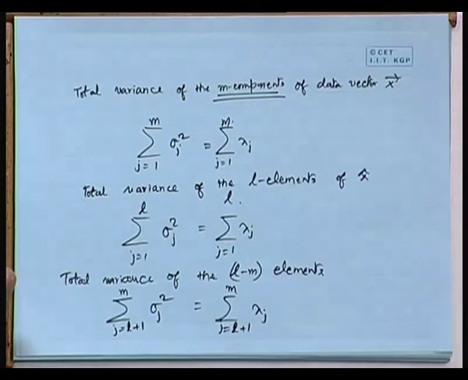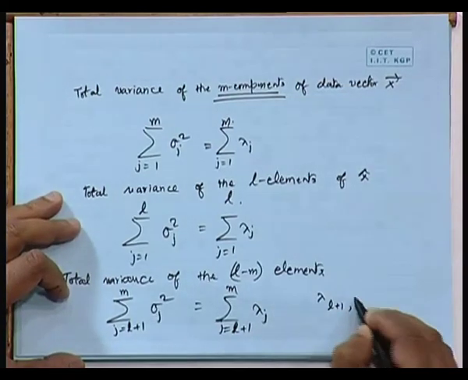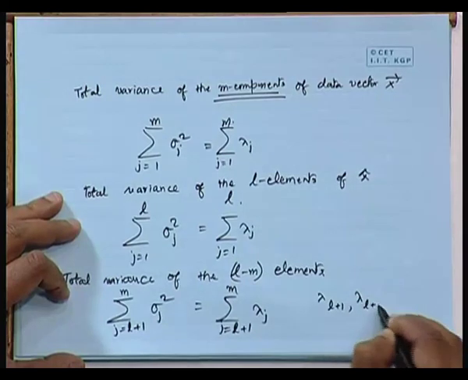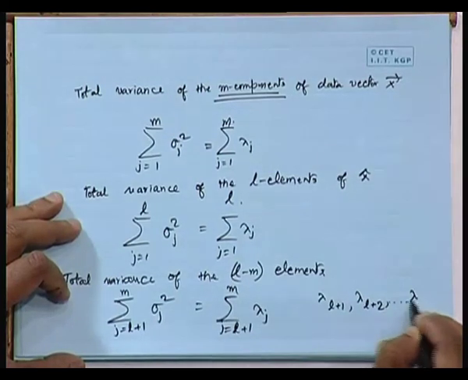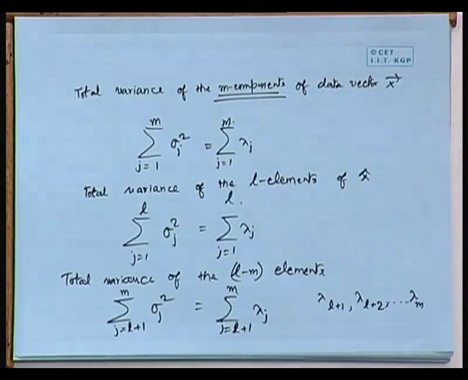This is the variance that we are chopping off, because the eigenvalues lambda L plus 1, lambda L plus 2 up to lambda m are the smallest eigenvalues.